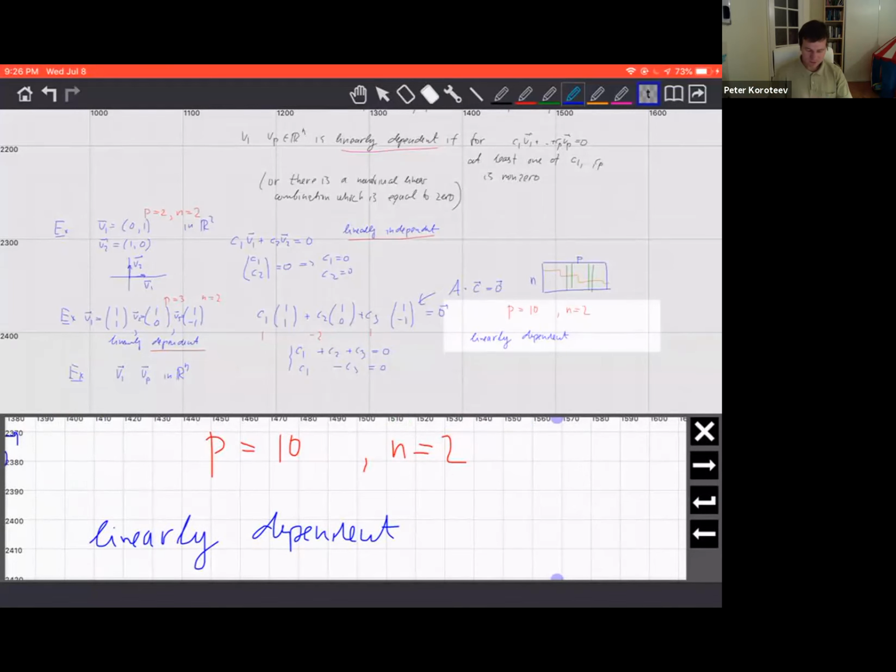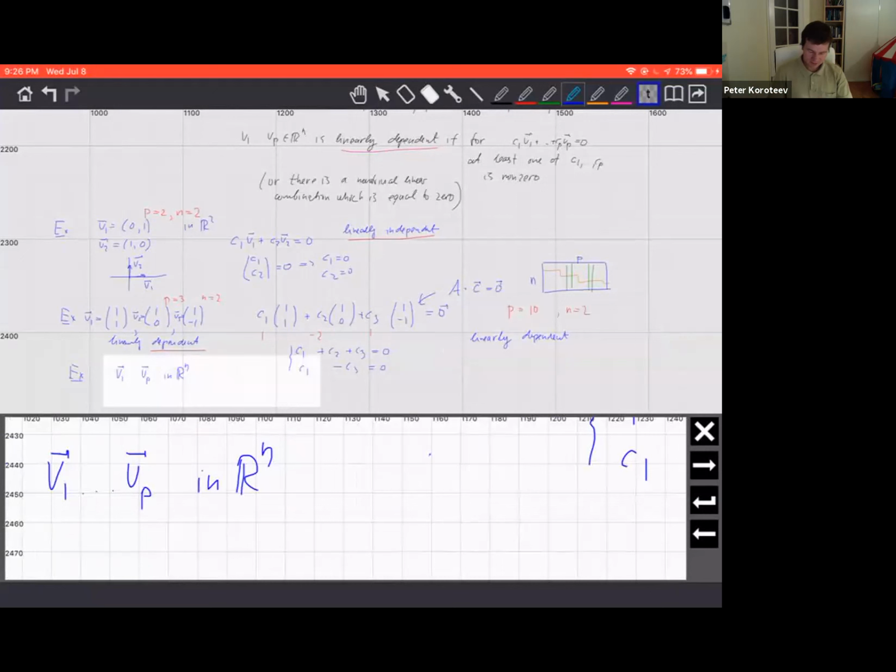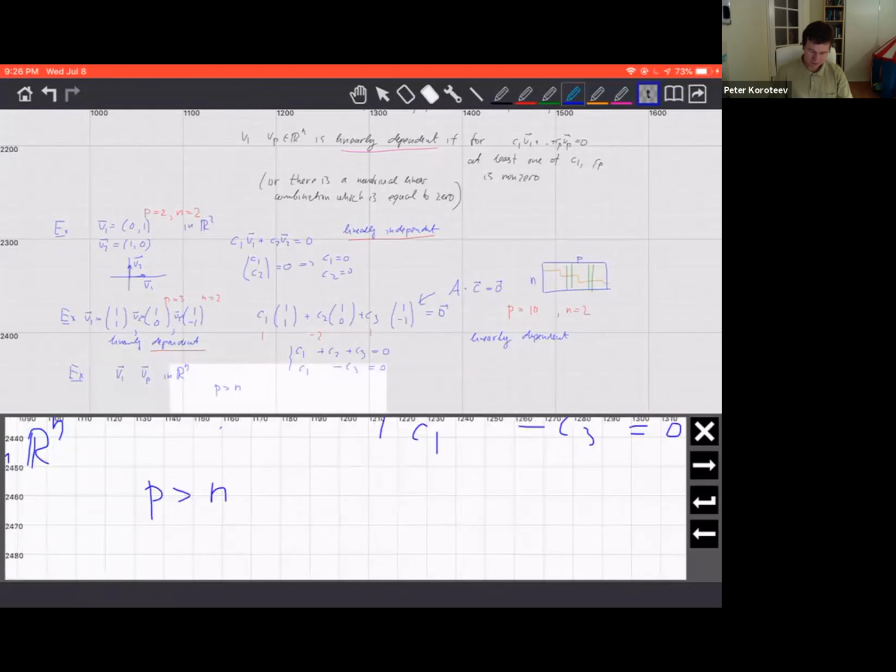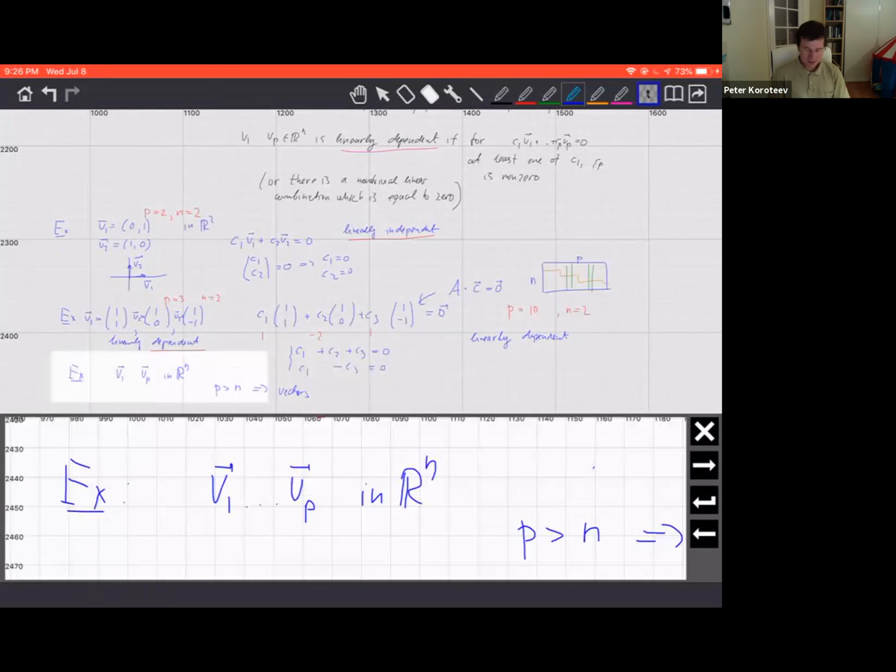However, in other words, we can say that if p is bigger than n, then we know for sure that the vectors will be linearly dependent. Well, there are some caveats. They cannot be arbitrary vectors, right?